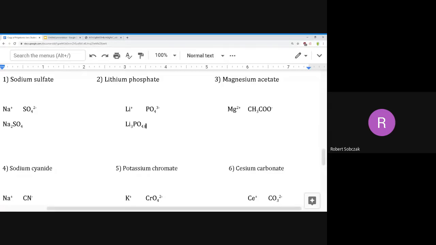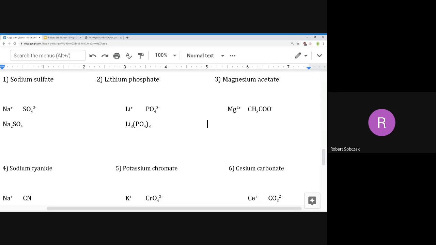But we've got an issue with these 2 numbers. So just to show the reader what that 3 applies to, you have to put parentheses around this polyatomic ion. This PO4 always is going to stay PO4. You have to make sure that you show that it's always its own unit. And in fact, it's a unit that we have 3 of in this molecule.